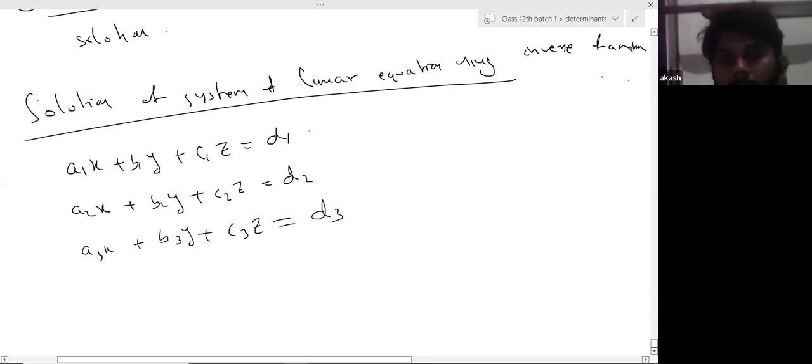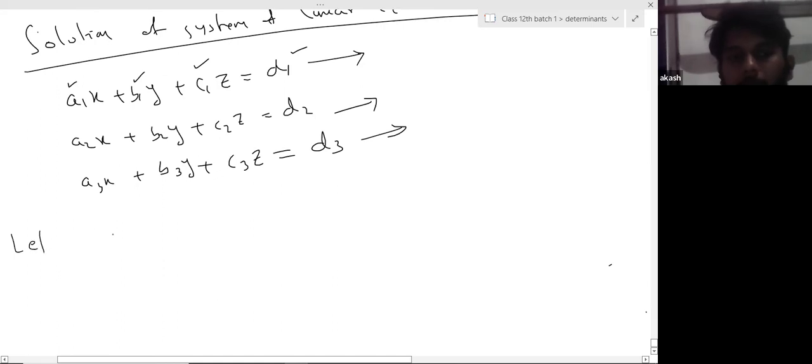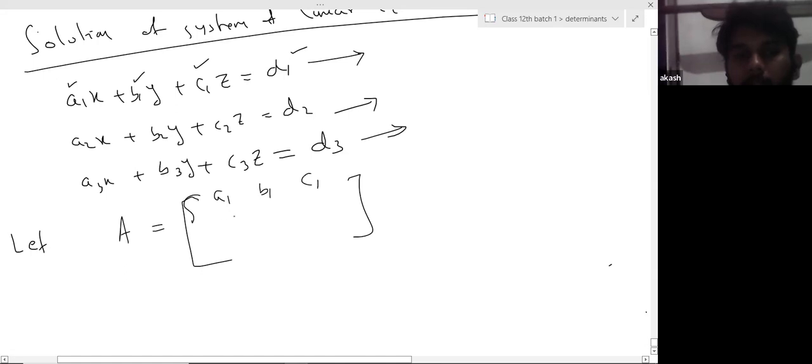We have three linear equations with different coefficients. How to solve these using matrices? Normally we can solve by elimination method or substitution method. We all know that. But how can you do this using matrices? Let's suppose we have a matrix A with all the coefficients of x, y, and z: A1, B1, C1, A2, B2, C2, A3, B3, and C3.